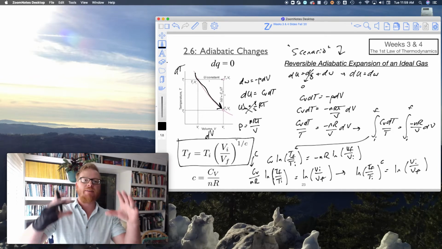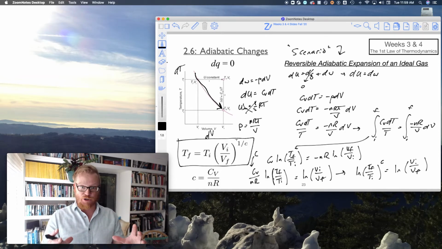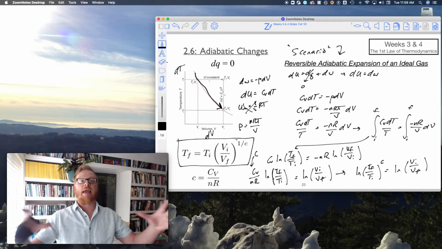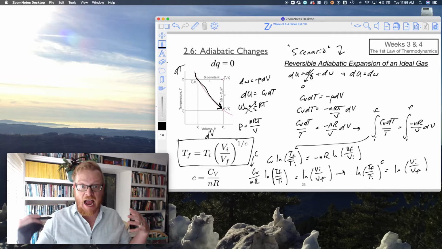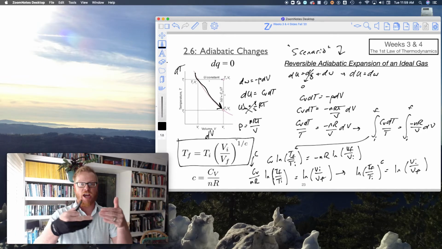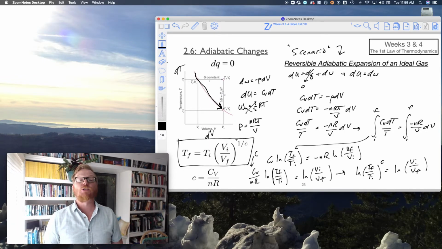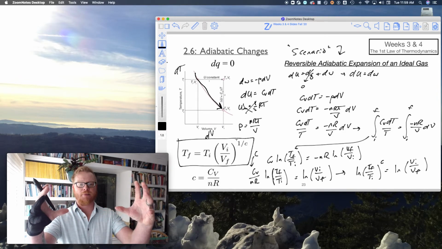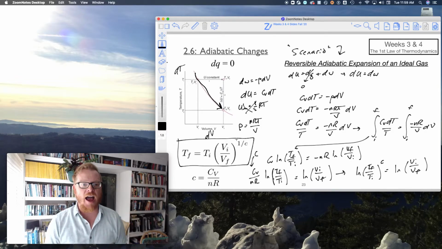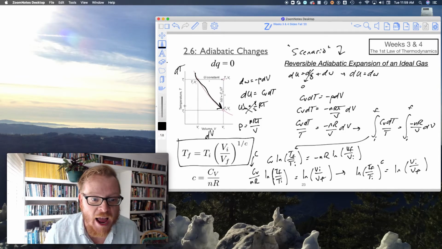So imagine you have a gas and it's in a container, and that container is able to change volume. It's able to expand or compress, but that container is adiabatic. It's isolated. It doesn't allow the exchange of any heat. Okay? So what we would see as this adiabatic container is expanding, the gas inside has to cool down, right?